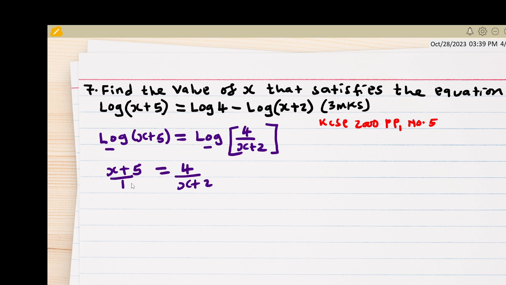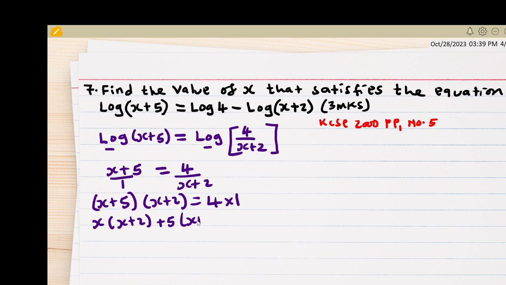Then of course these are quadratic, so I want to cross multiply so that I get the quadratic. So this will be x plus 5 multiplied with x plus 2, which should give me 4 multiplied by 1. If I expand, I'll get x into x plus 2, then plus 5 into x plus 2.